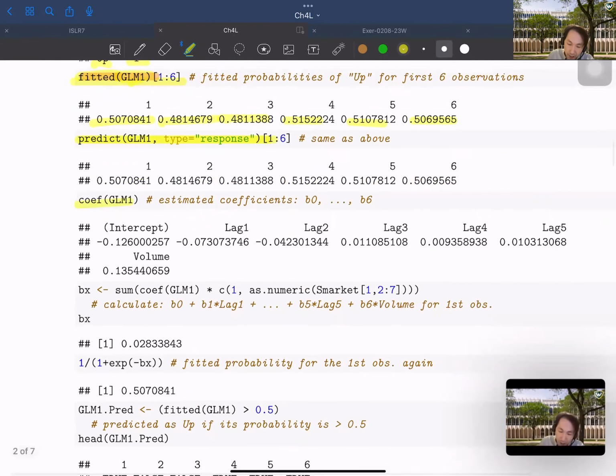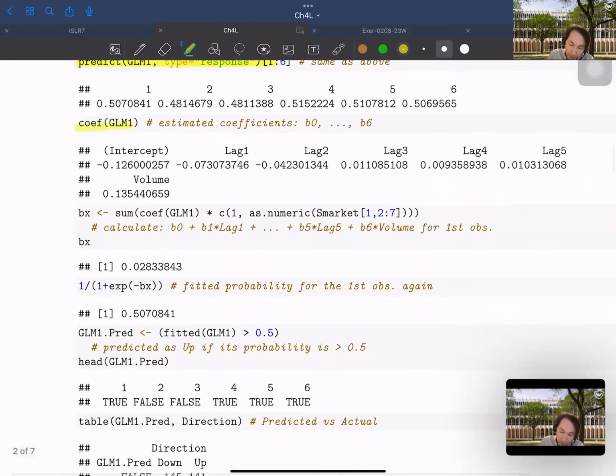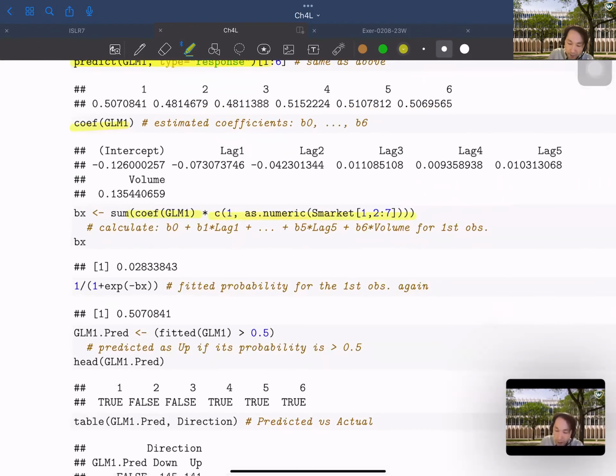We can also extract the coefficients. Also, we can manually calculate these numbers like this. Take the coefficients of the logistic regression and the predictor values. This is the coefficient and the predictor value.